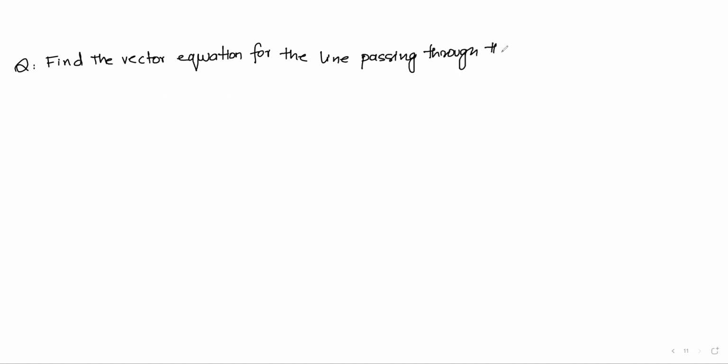Please try this question. Find the vector equation for the line passing through the points (-1, 0, 2) and (3, 4, 6).